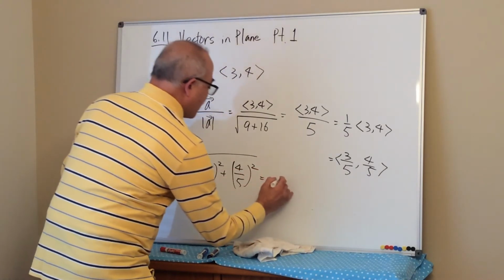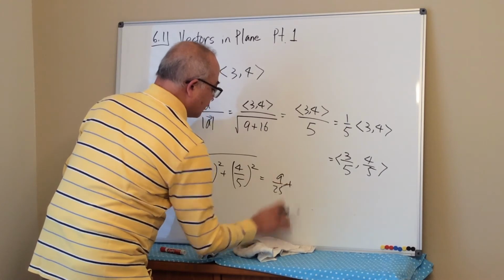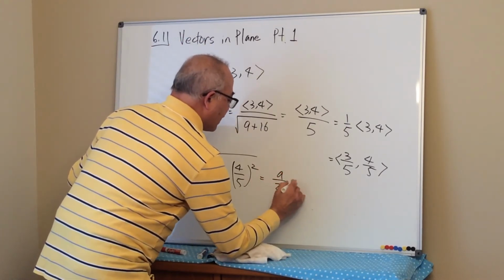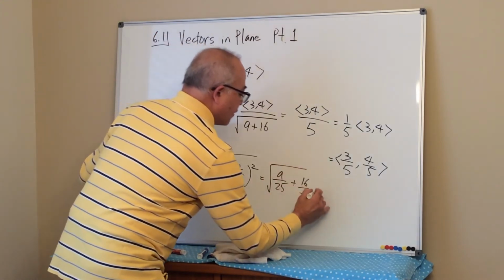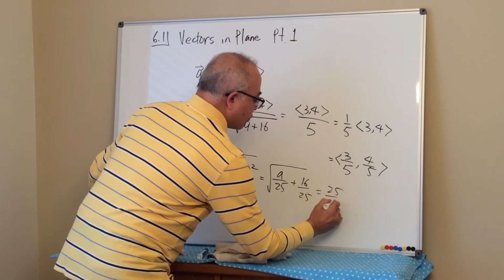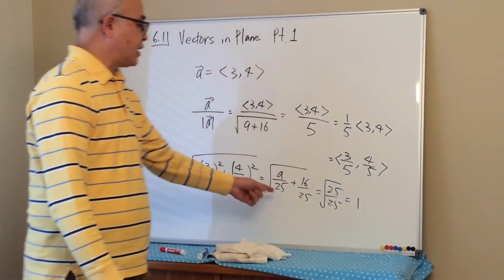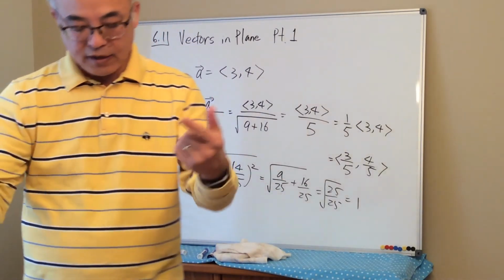So I get 9 over 25 plus 16 over 25, which is 25 over 25, and the square root is 1. So indeed this is a unit vector. That's how you find a unit vector.